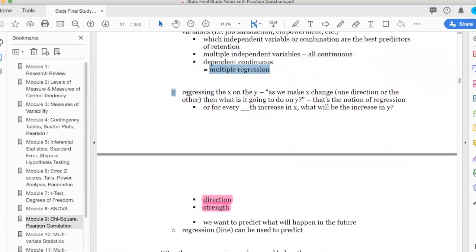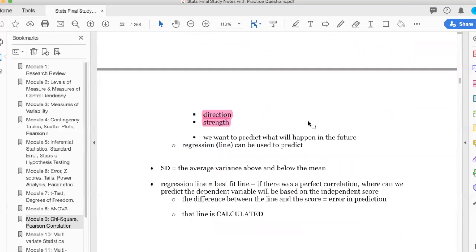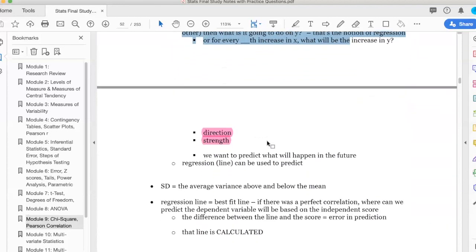Don't worry about understanding this. I feel like it's way more confusing than it needs to be. All you need to understand is that multiple regression is multiple independent continuous variables, a continuous dependent variable, and it gives you the direction and strength of the relationship.